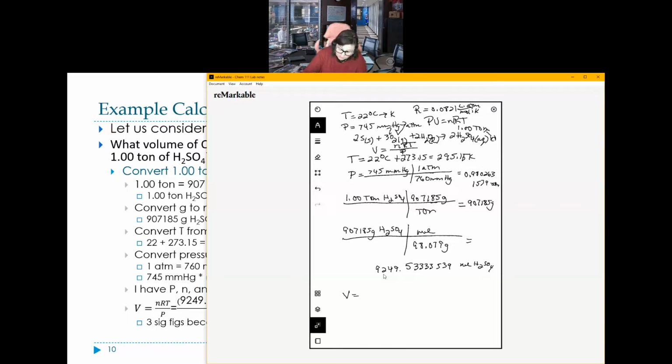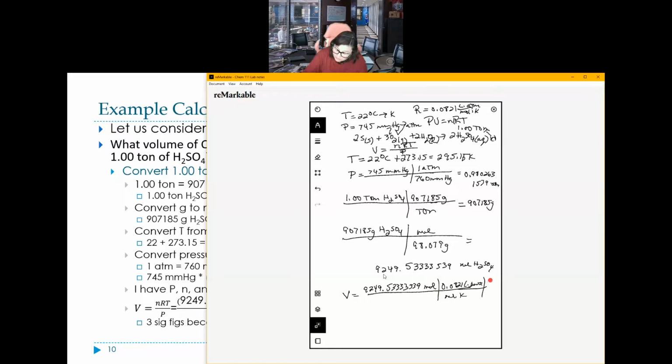So my volume is going to be equal to nRT divided by P. Okay, nRT. So this is n, 9249.533333539 mole, times R, 0.0821 liters times atmospheres per mole Kelvin.